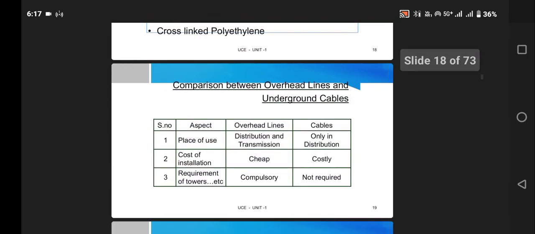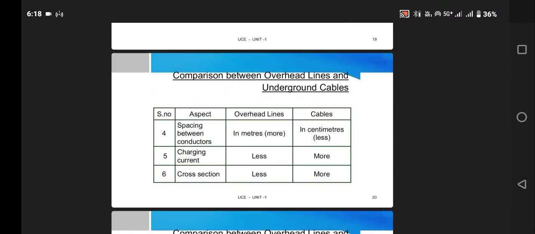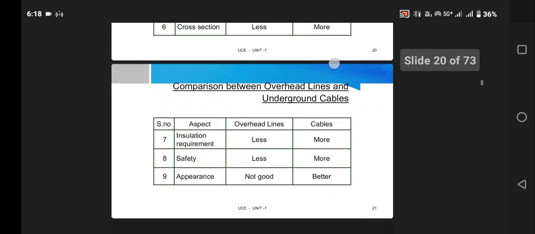We can compare overhead lines and underground cables with respect to various aspects. The first is place of use. The second parameter is cost of installation. The third is requirement of towers. The fourth is spacing between conductors. Fifth, charging current. Sixth, cross section.